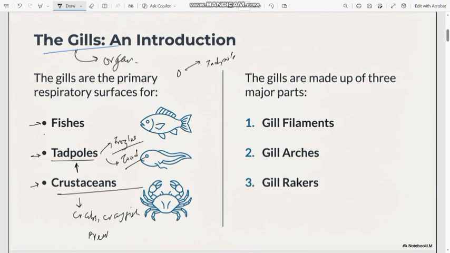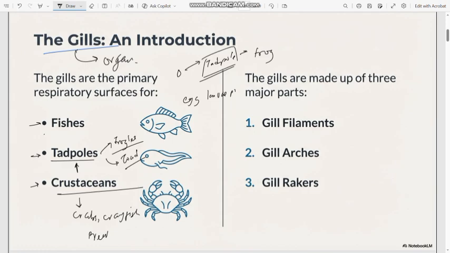Then from the tadpole, it changes to a frog. Right? They undergo an incomplete metamorphosis. A complete metamorphosis is when you have egg, larva, pupa, then adult. But frogs and toads only have the tadpole as the intermediate stage, and the tadpole uses gills as its respiratory organ.